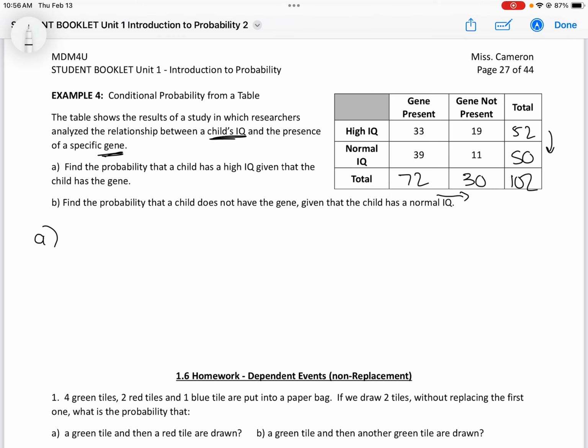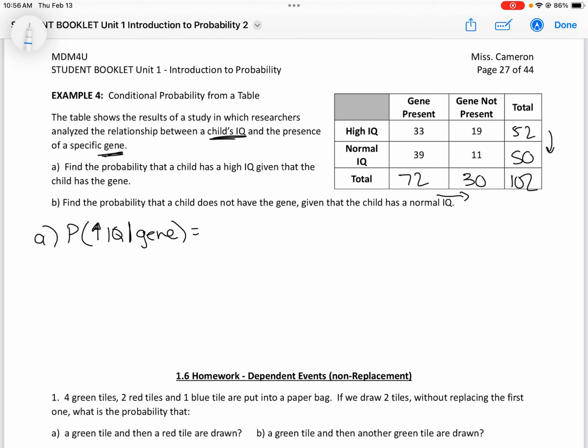After we complete all the totals, we should be able to go back to the questions and take a look at what we're given and work with these numbers. Find the probability that a child has a high IQ, given that the child has the gene. Here's how I would read this.